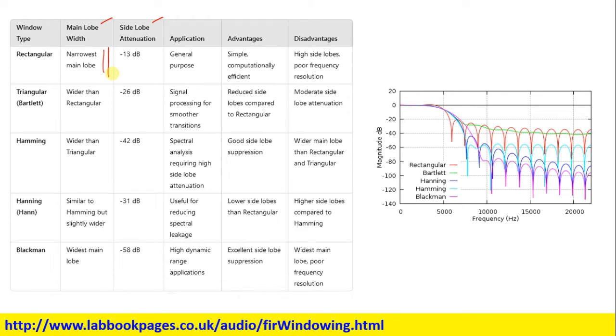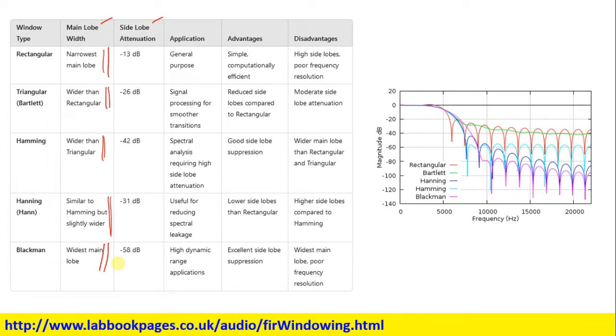Okay, in triangular, we have wider than the rectangular window. Okay, then in Hamming, wider than the triangular window. So in Hanning, similar to Hamming but slightly wider. Okay, and lastly Blackman, we have the widest main lobe.